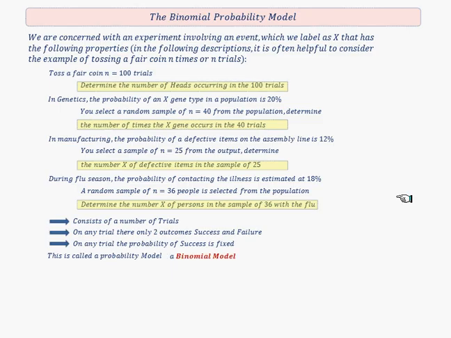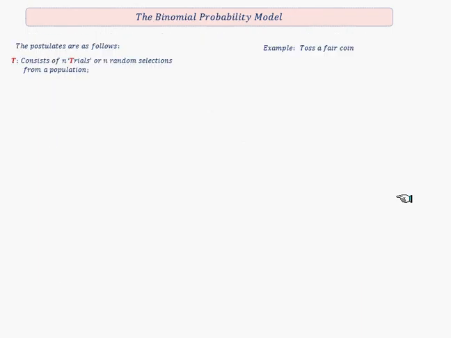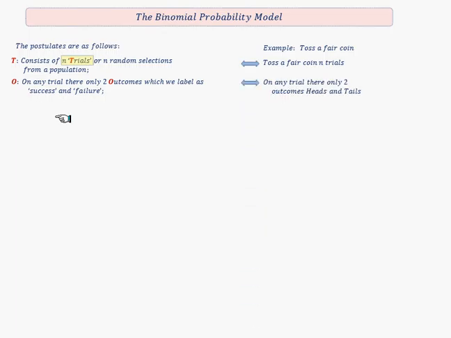We're going to look at the properties in much more detail. Coming up on the screen, we ask you to consider the example of tossing a fair coin. Generally, the binomial model consists of a number of trials. Part two, there are only two outcomes on any trial, and we label these as success and failure, much like heads and tails.